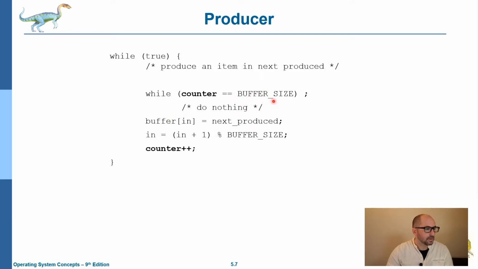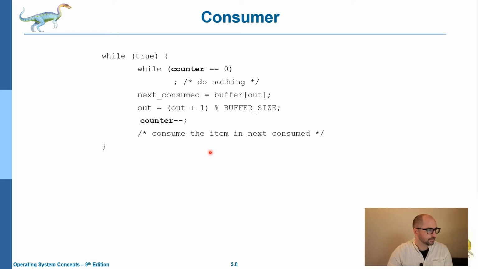When there is availability in that buffer, it places into the buffer the next item at the location that is next available. So modulus arithmetic, which you should be familiar with, is how this cycles through the array indices of buffer, which is of buffer size. And then it increments counter to tell the consumer that there is something to be consumed.